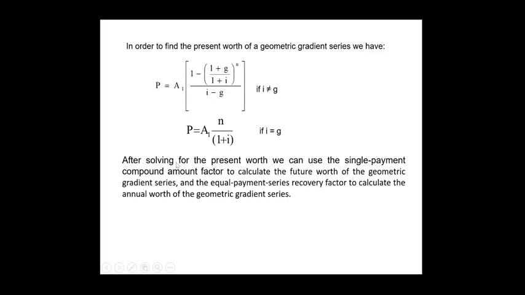For example, if you want to find the future worth, we use the single payment compound factor to calculate. Okay, and if we want to find the annual worth, we use the equal payment series recovery factor to calculate the annual worth. Okay, this is very simple.